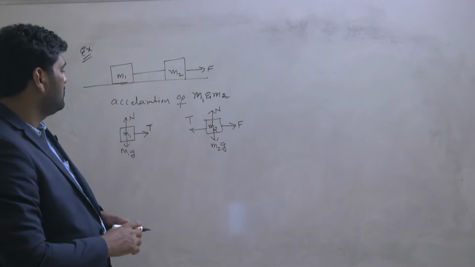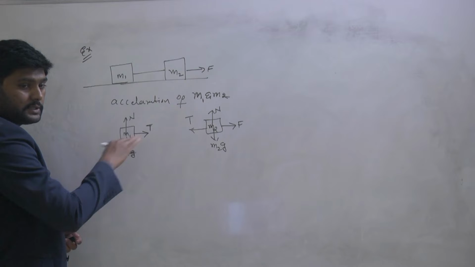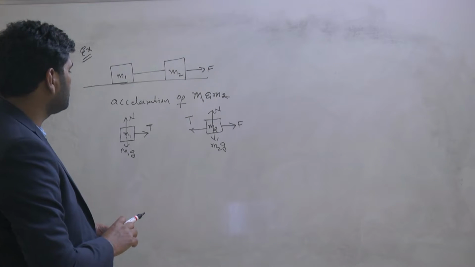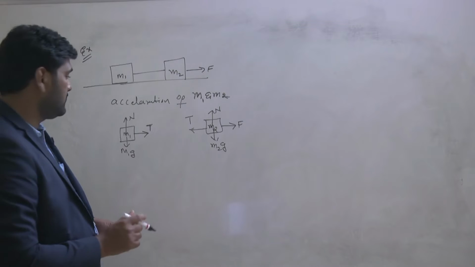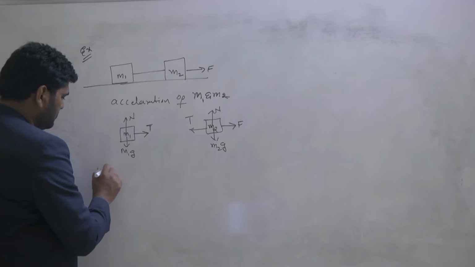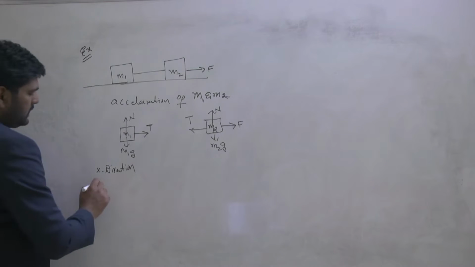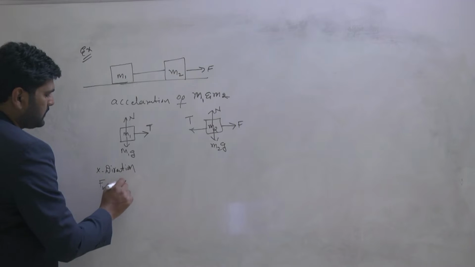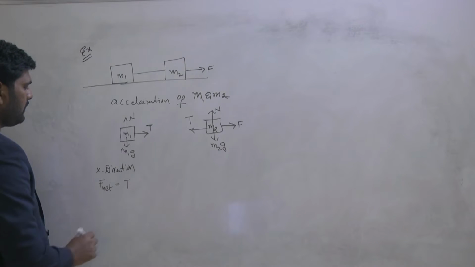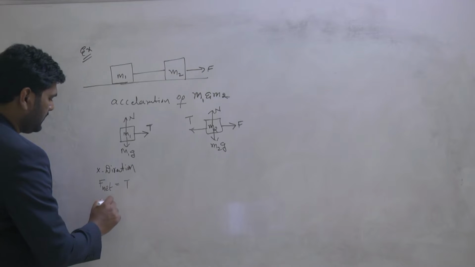First you can take the net force along the x direction, and in the same way the net force along the y direction. Net force along the x direction is F net equal to T. Same way, along the y direction, N minus M1g is the net force along y.